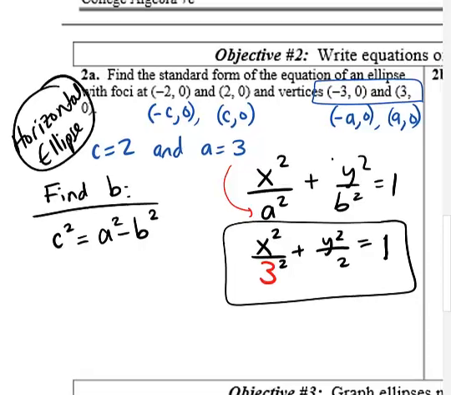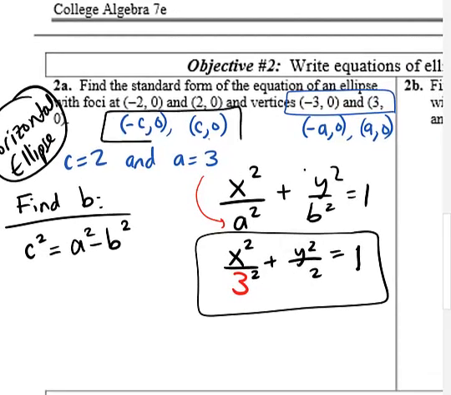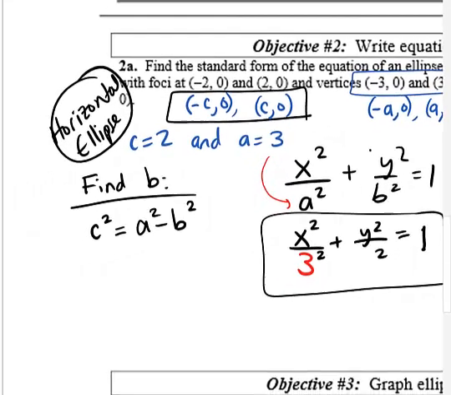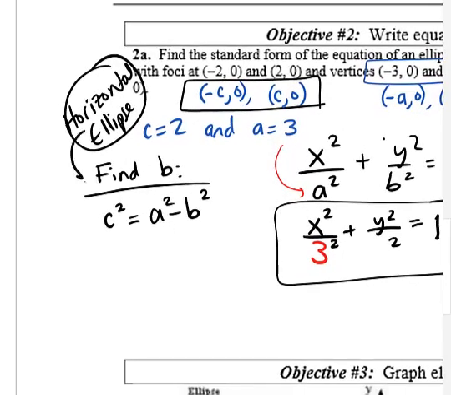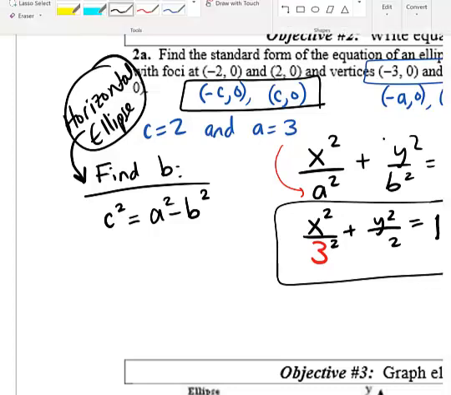And I know that because they gave us the foci with the c values as the x values. That only happens in a horizontal ellipse. As we saw in the previous example, a vertical ellipse would be the one that would have the c values in the y coordinate. And I know a horizontal ellipse has this equation that relates the c value to a and b. So I'll fill in what I know, and then I should be able to solve for b.